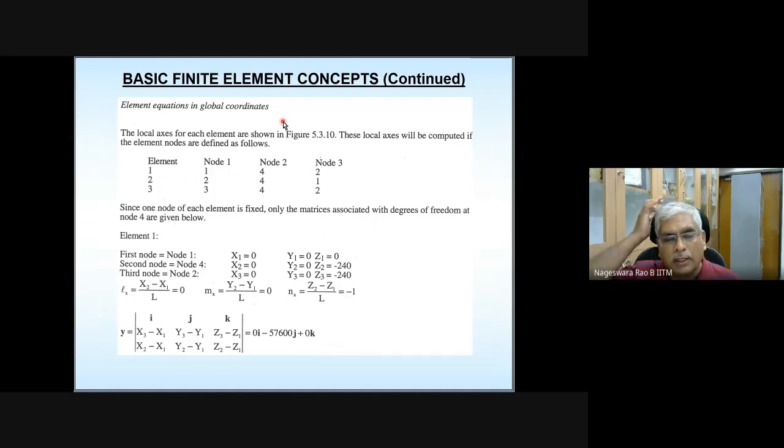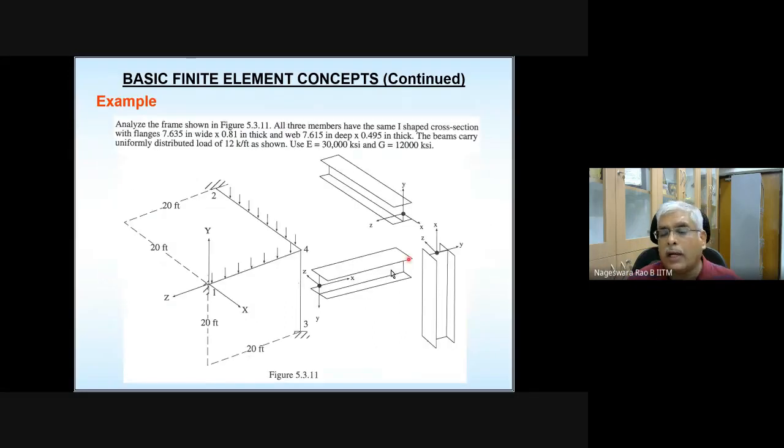Please note that I emphasized enough on this local coordinate system for each of the elements. What I mean by determining the local coordinate system is, I need to identify the unit vector along the small x-axis, the unit vector along the small y-axis, and the unit vector along the small z-axis.